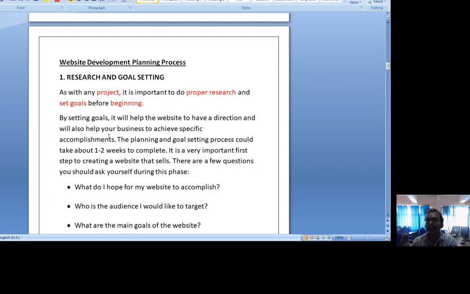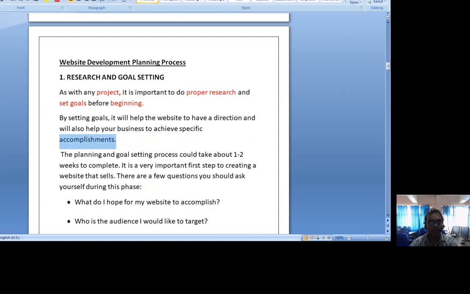Then only can we align all our resources, and with that alignment we are able to accomplish by firing all the cylinders of resources, strategy, manpower, all to get our goal accomplished.